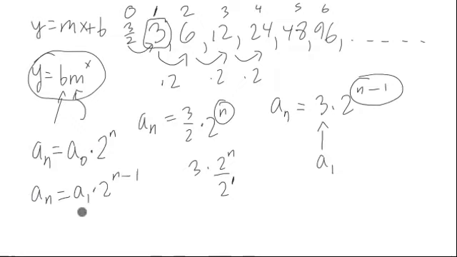And just for kicks, think about this. If we were to pull one of these 2's away, so this is n 2's multiplied together, if we took one away and put it with the a sub 0, 2 a sub 0 times 2 to the n minus 1, this guy is just a1, right? So they really are the same.